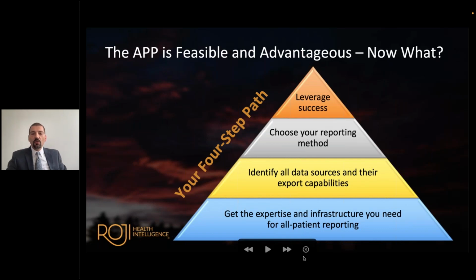This is not going to be something that you are going to be able to perform yourself particularly easily. Once you've done that, you need to identify all of the data sources in your network and confirm their export capabilities. Then you've got to choose your reporting method. There are 2 different ways to report. And then finally, leverage your success. You've put all of the work into this. Let's get more out of it than just simple quality reporting.